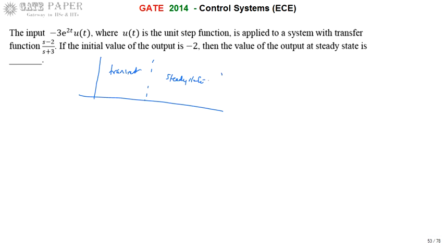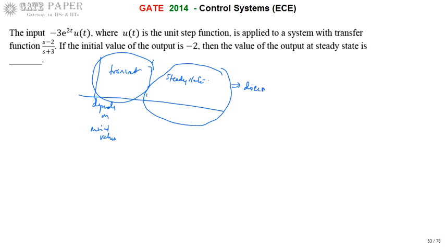The steady state response doesn't depend on the initial value, whereas the transient response depends on initial values.